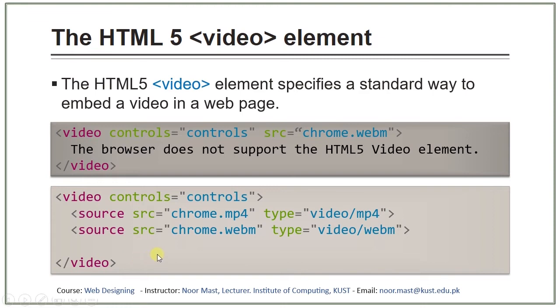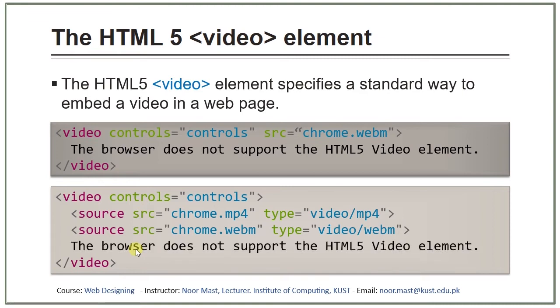If the browser does not support the video element, then display a message such as, the browser doesn't support the HTML5 video element. So after getting the basic idea of the video element, we are ready to discuss its attributes.